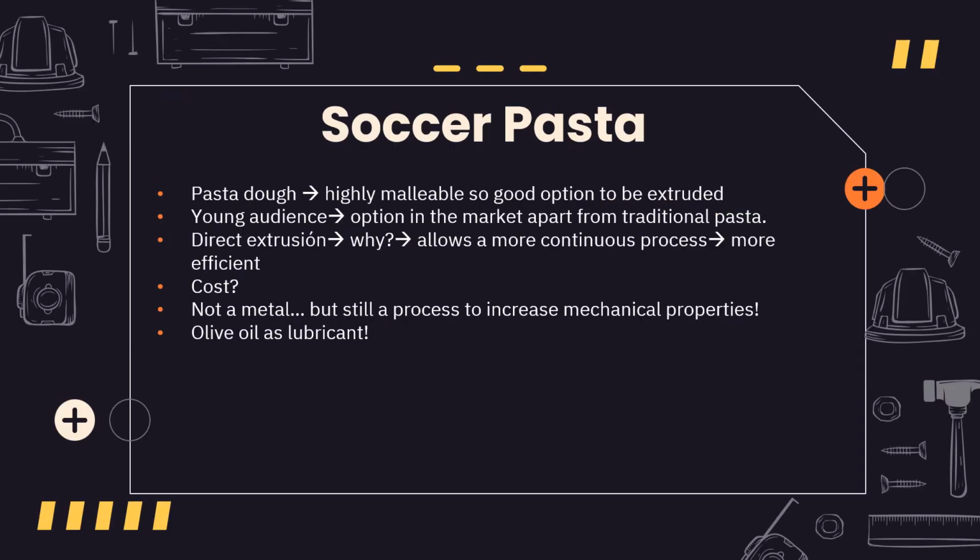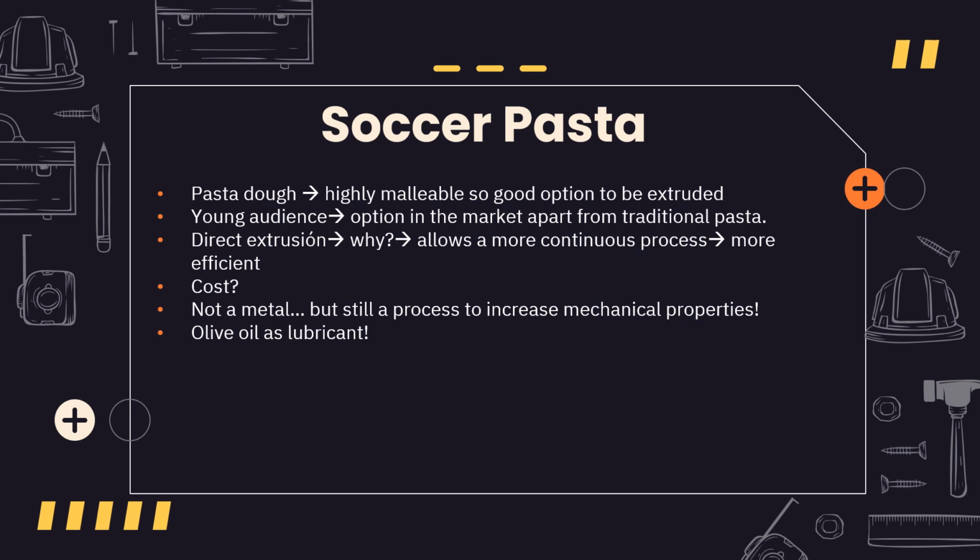Okay, so my first company to talk about is Soccer Pasta. My idea is to produce pasta in the form of soccer balls. Obviously, the material used would be the pasta dough, which is a highly malleable and ductile material, so it is easily shaped into forms, so it is ideal for the extrusion process.